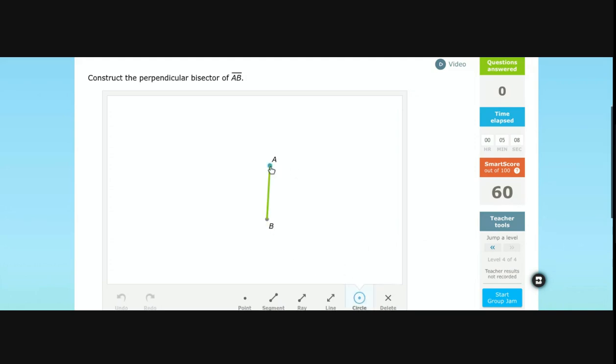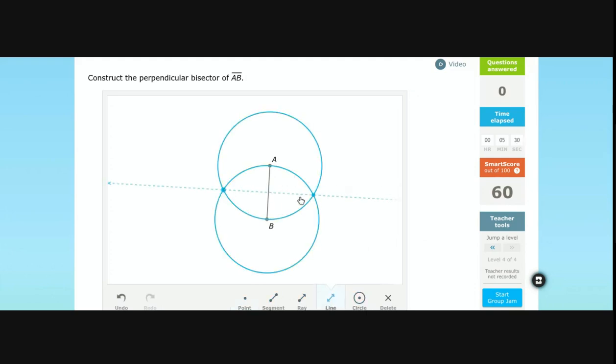We'll then link these points together with circles, showing that the radius of circle A is the same as the radius of circle B. We notice 2 intersection points of these circles. Those happen to be the 2 points that will create our perpendicular bisector. Now we have a perpendicular bisector of segment AB. The point that this perpendicular bisector goes through is also considered your midpoint.